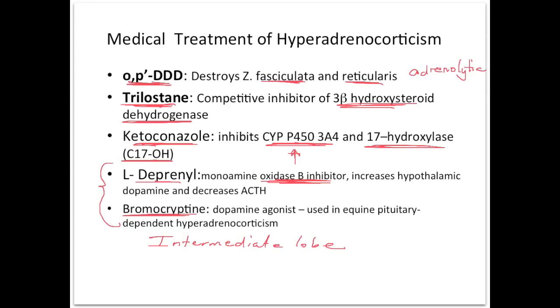And by basically providing agonistic activity of dopamine, you end up suppressing ACTH and showing clinical benefit. This drug has been tried in dogs as well for the same reason that aldepranyl was tried, but it had a lot of side effects, particularly GI.